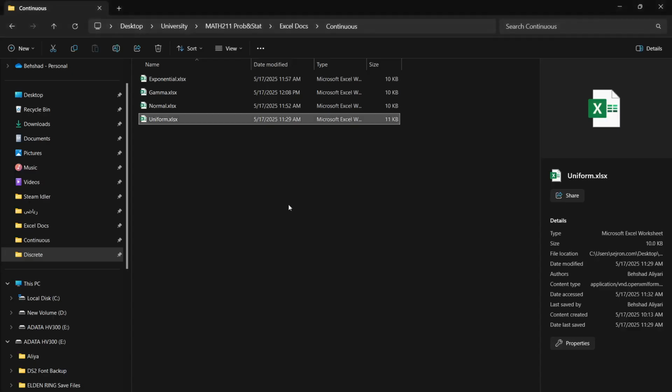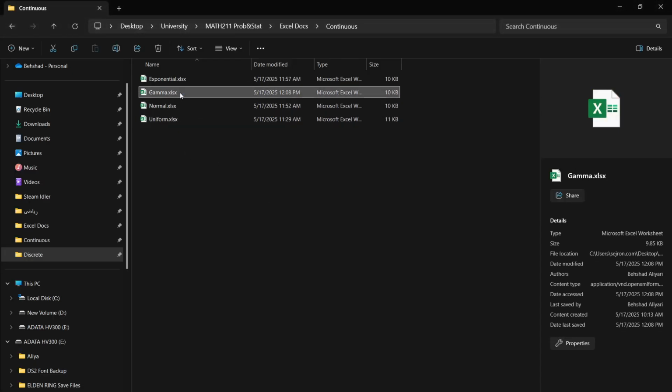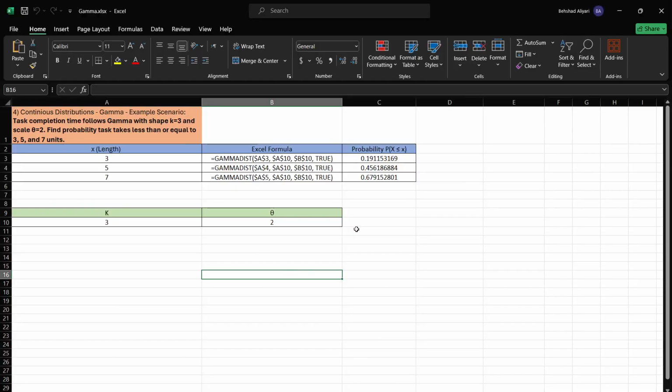Of course, I have many more, such as gamma, but I haven't explained this in the PDF or the PowerPoint, but we can go through it really fast. Gamma has its own formula in Excel, which is GAMMA.DIST. The question asks us, the task completion time follows gamma with shape k equals 3 and scale, which is our theta, equals 2.